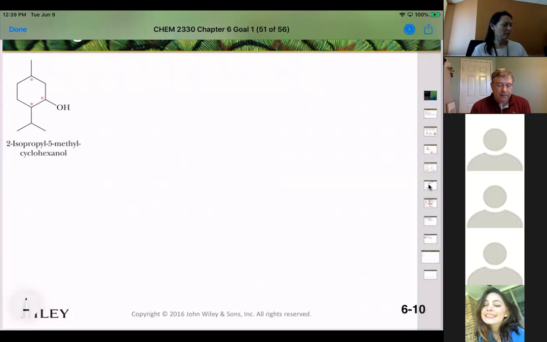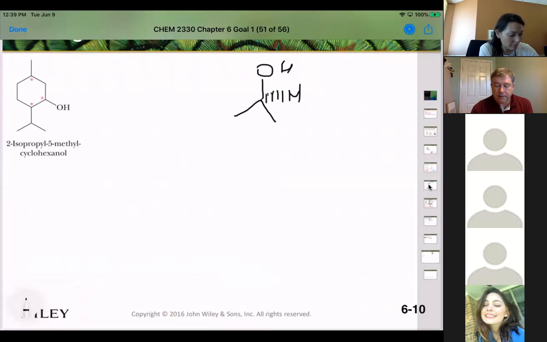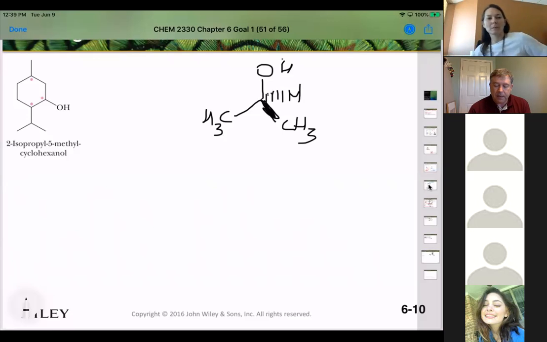A lot of times I will see lots of people try desperately for an hour to assign the chirality of this compound right here, and they get R half the time and S half the time, and they're really, really confused about how it happens. Okay, how many different groups do we have on that central carbon right now?